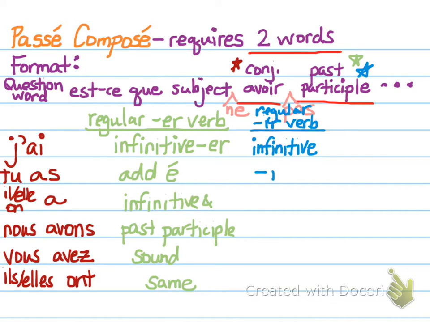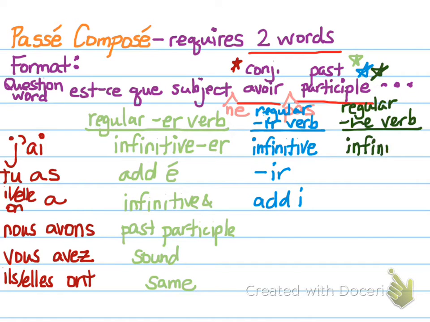We're going to remove the IR, and then we're going to add an I. And remember, we had one other category of regular verb, and that was our regular RE verbs. In a regular RE verb, we're still going to start with our infinitive. We're going to take off our RE, and then we're going to add a U.